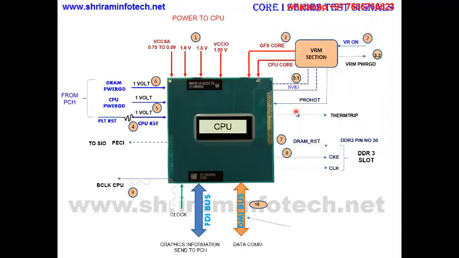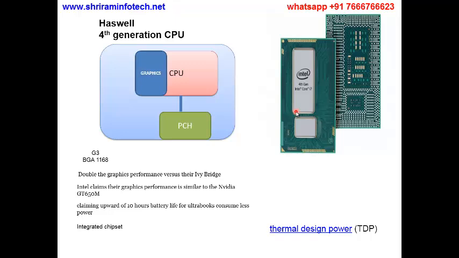It gives more power reduction. And the fifth generation, that is called Broadwell, which is 14 nm. 14 nm, that is a Broadwell processor, fifth generation. Then all the remaining regulators are also in the CPU only. Which ones? SATA controller and everything in the CPU only. USB, SATA, PATA, audio, PCI, everything is integrated.